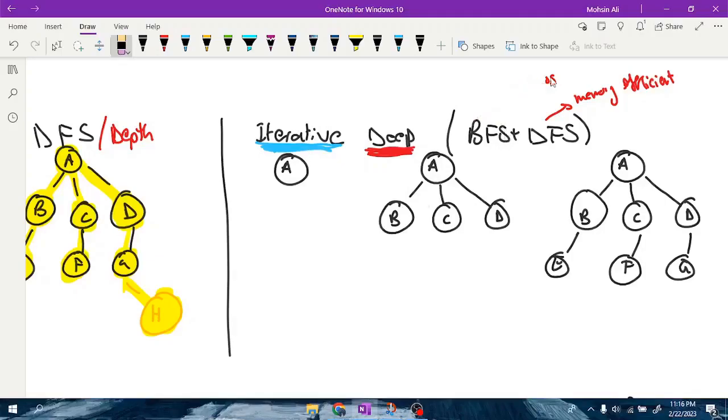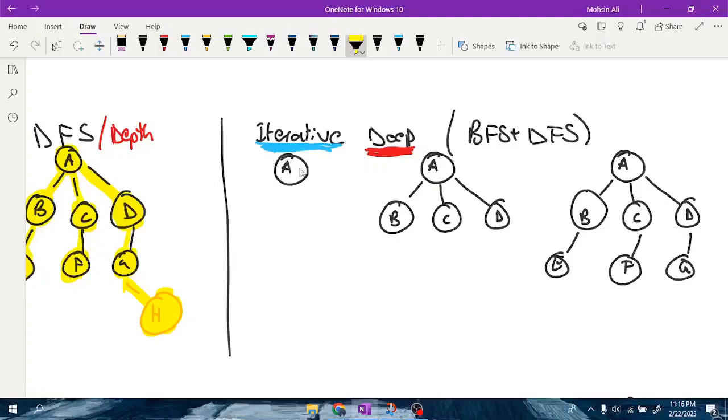So if you're taking the same example, the way this traversal works is that it traverses one level in every iteration, and it's like a depth first search for each incremental depth. What I mean by that is let's do a traversal and you'll understand.